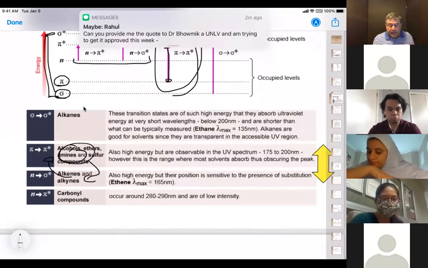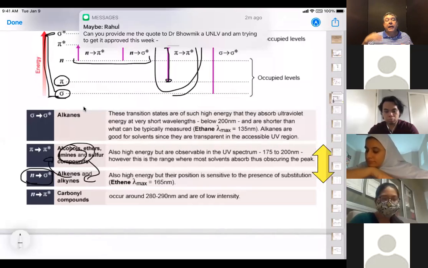Now, the non-bonding to sigma transitions are in alcohols, ethers, amines, and sulfurs because they all have non-bonding lone pairs. So that's where you're going to see that non-bonding lone pair to a sigma transition. And then carbonyls also have non-bonding electrons on the oxygen, and therefore can go from a non-bonding to pi transition as well.